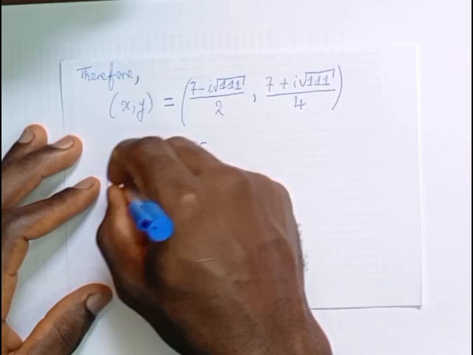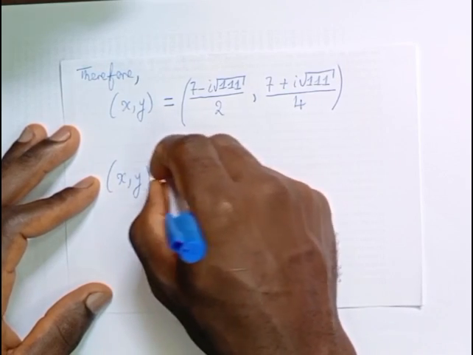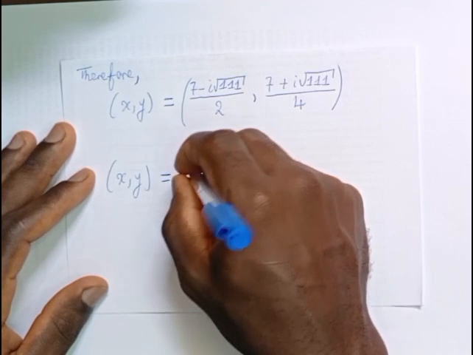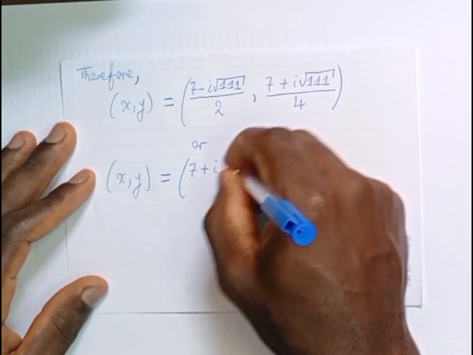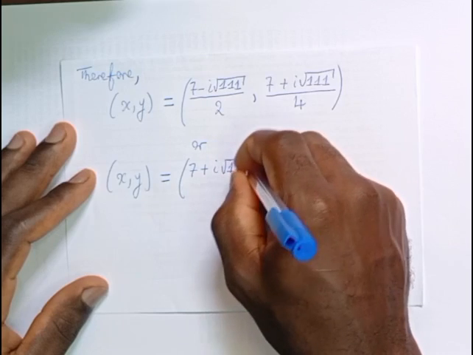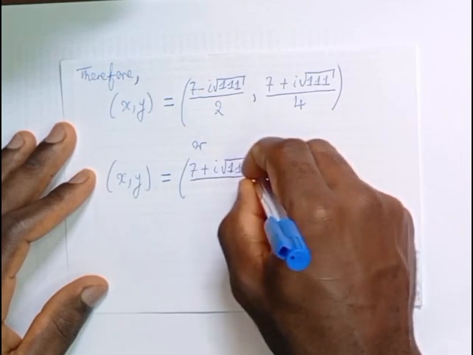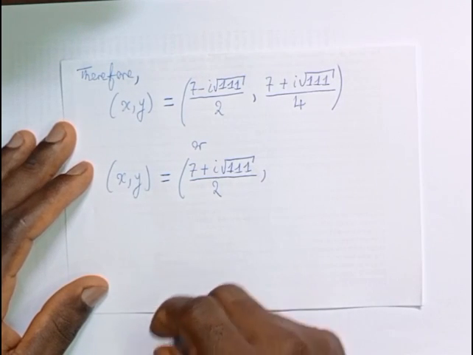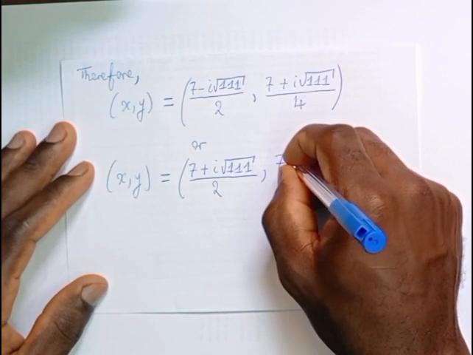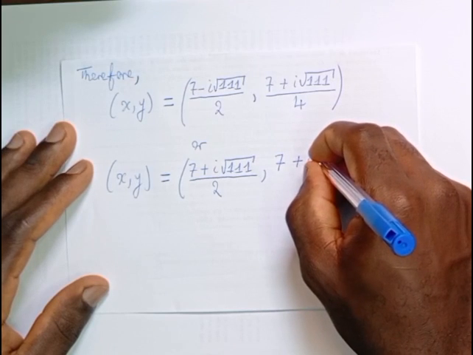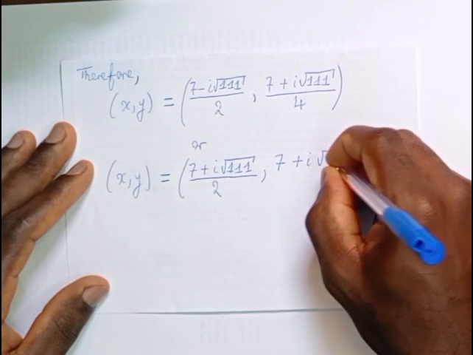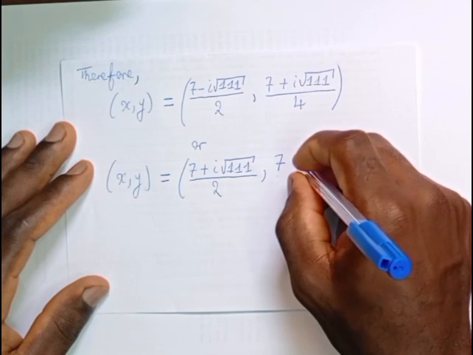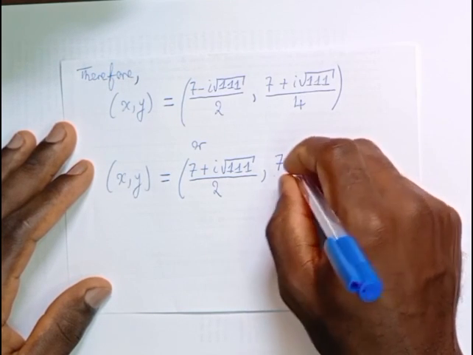For the next, we have xy to be equal to: the x value is (7 plus i root 111) all over 2, comma, and the y value is (7 minus i root 111) all over 4.